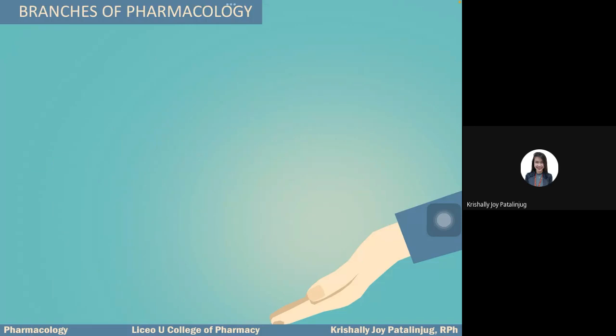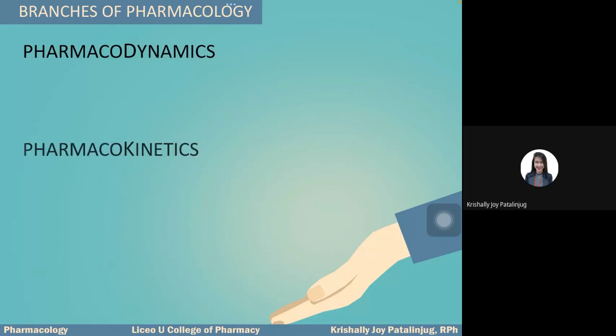To the next slide. Now, regarding the branches of pharmacology, I have given emphasis on the two primary branches of pharmacology during our last semester discussion in Pharmacology 1. Those are the dynamics and the kinetics.